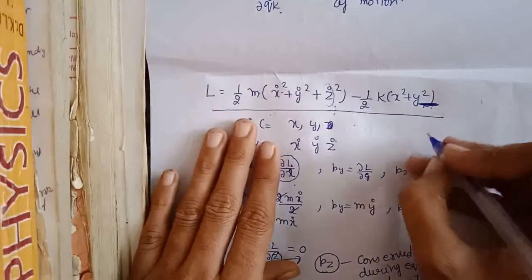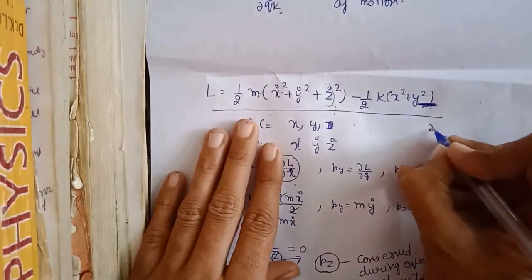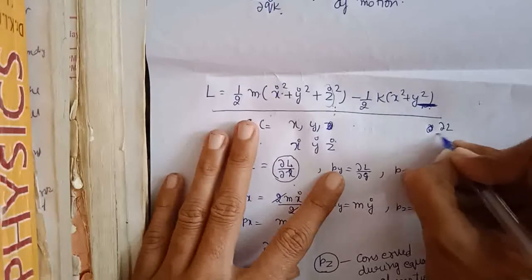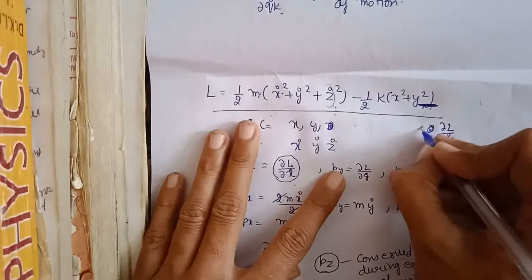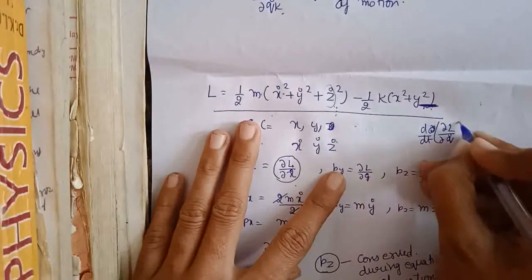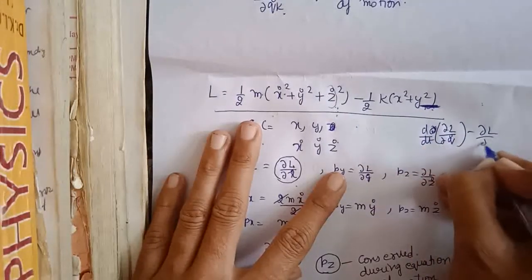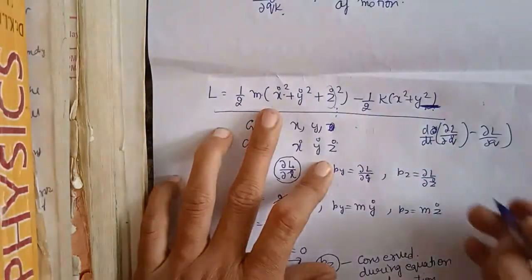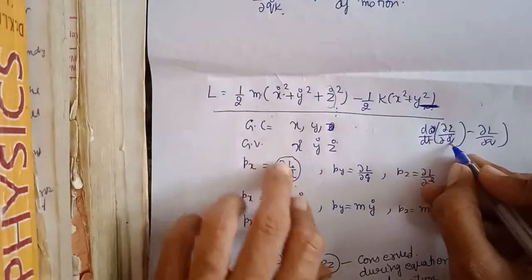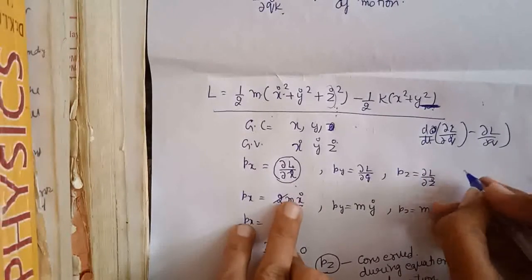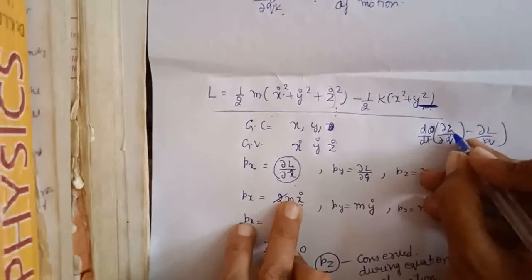From here we find del L by del x dot, which is m x dot.